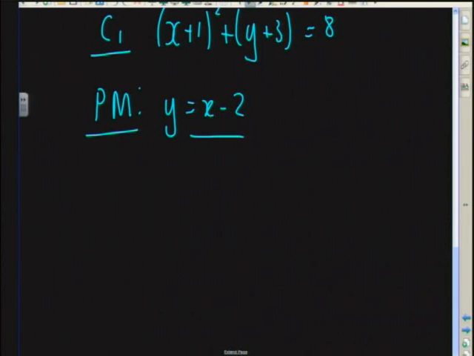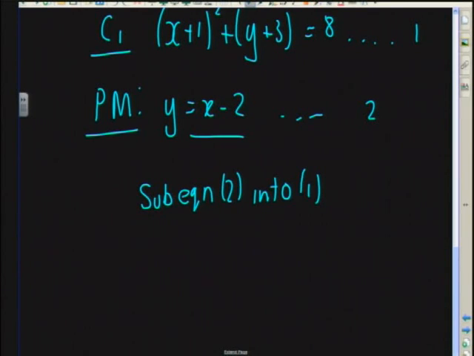Now, I've got y = x - 2. I can call the top equation, the circle equation, equation 1. I can call the equation of line PM equation 2, and I can say substitute equation 2 into equation 1. Now remember from equation 2 we've got y = x - 2.